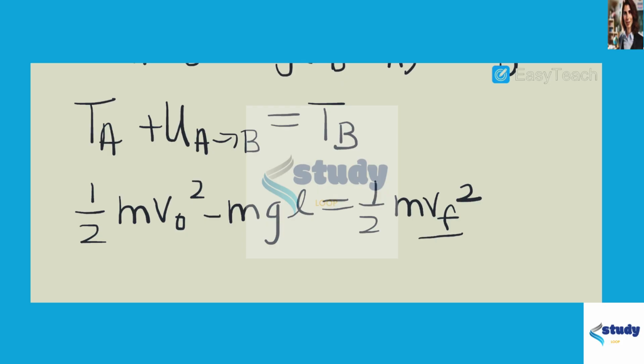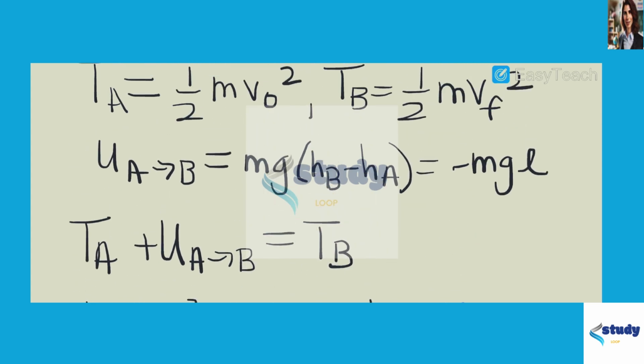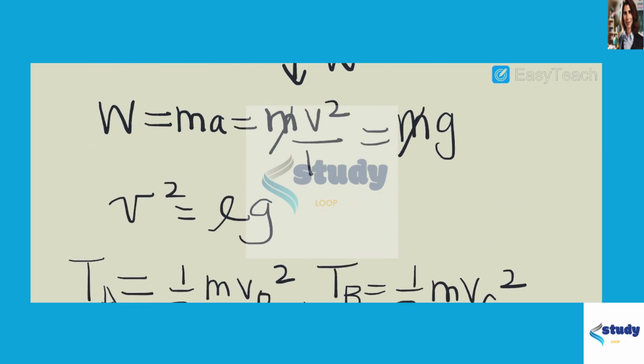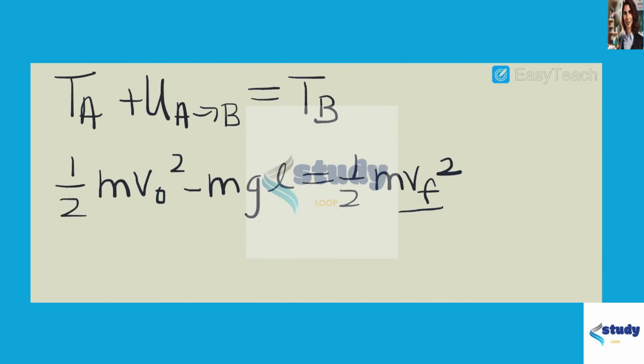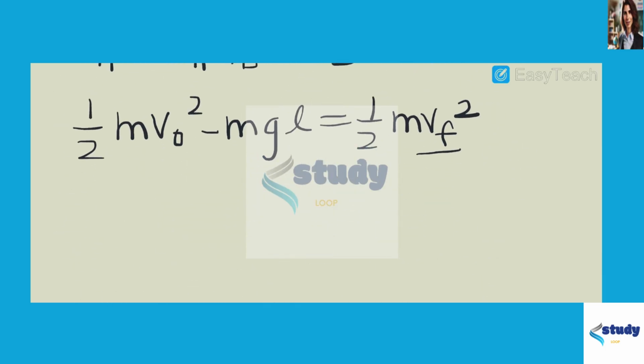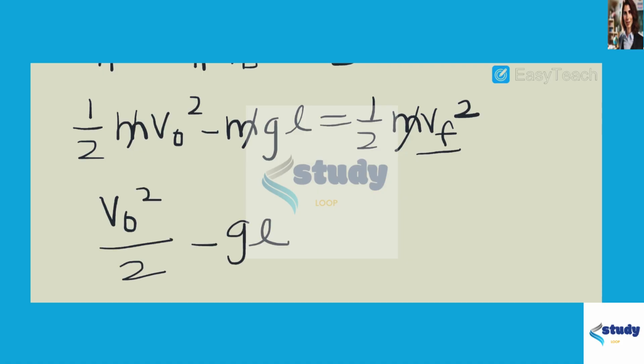Unfortunately, vf, the final velocity at B, is not something that we know explicitly. But we do know how it's related to the weight and acceleration shown here: v squared is equal to L times g. So we can plug that in and cancel out these masses, so v0 squared over 2 minus gL is equal to gL over 2, which is what vf squared over 2 is.